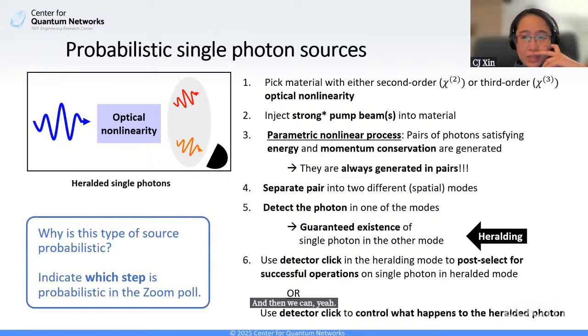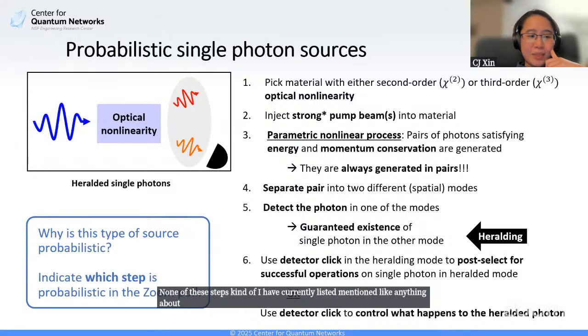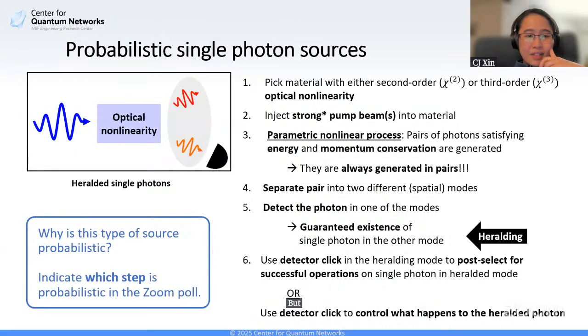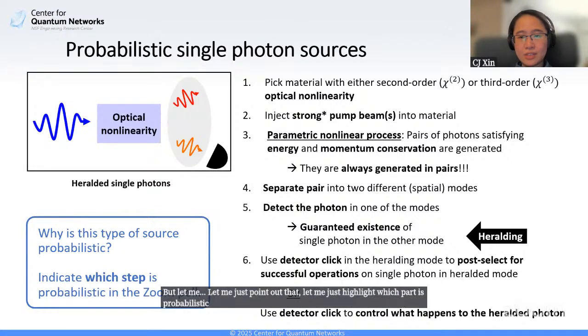So actually, none of these steps I have currently listed mention anything about probability or things that are happening probabilistically. But let me just highlight which part is probabilistic, and that will inform the later discussion.